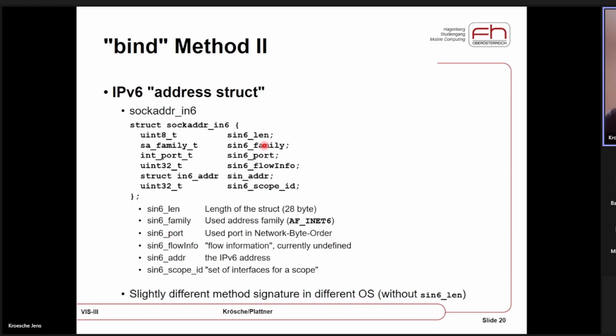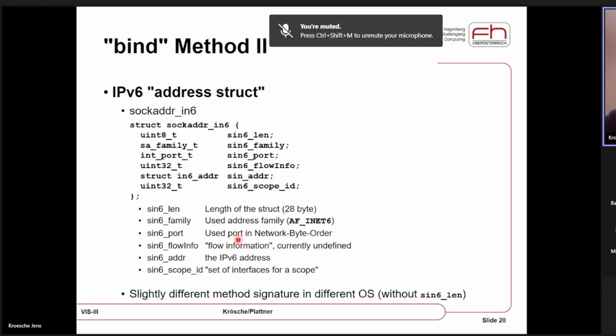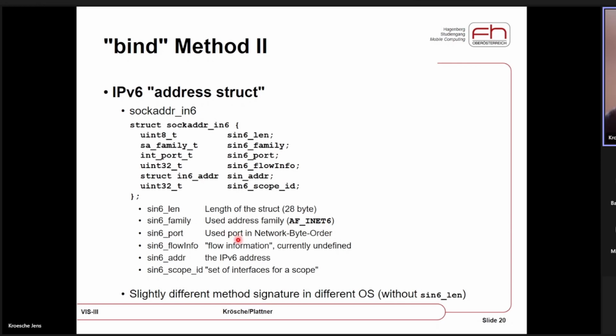So we are manipulating the family, the port, and the address, similar to the version 4 version. We use the address family AF_INET6, just like in the socket handle construction. The port stays the same because that has not changed by using the IP version 6 addresses.